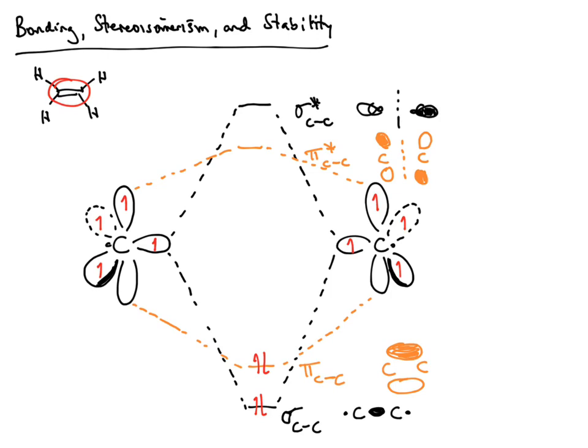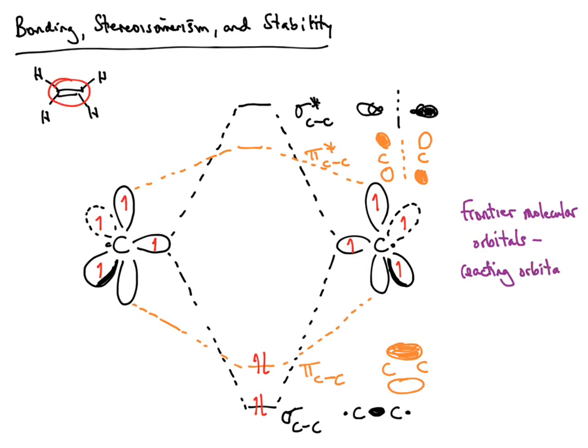Now, another thing that's important about this molecular orbital description is that the reacting orbitals are sometimes known as the frontier molecular orbitals. The frontier molecular orbitals are the reacting orbitals.